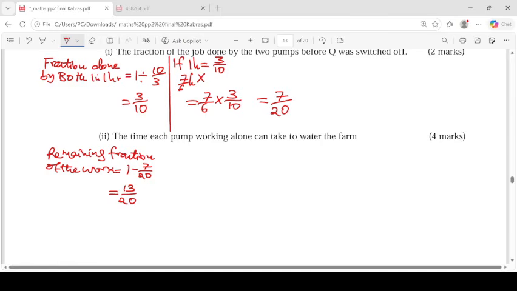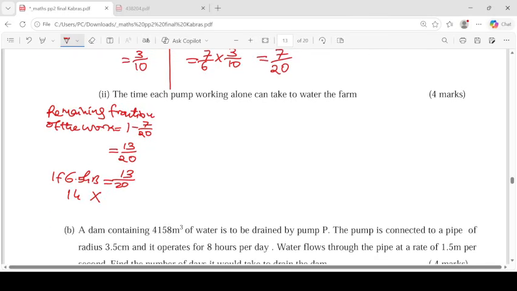I want now to get P alone. So if 6.5 hours results to 13/20 of the work to be finished by P, what about 1 hour? I want to get the fraction that can be done by P alone in 1 hour. We cross multiply.